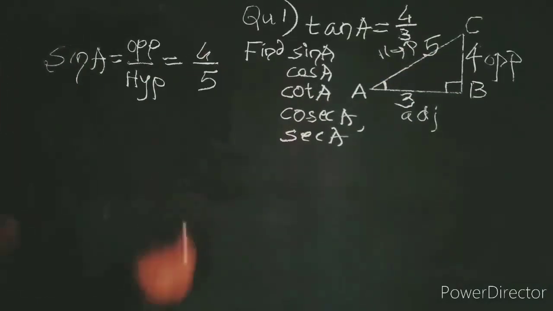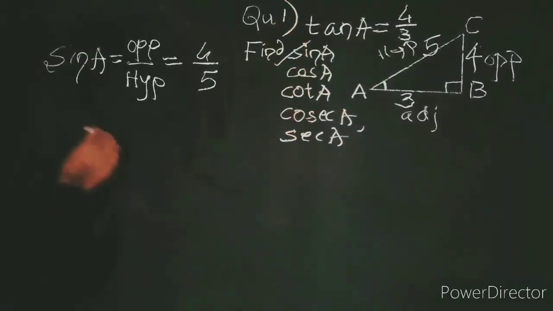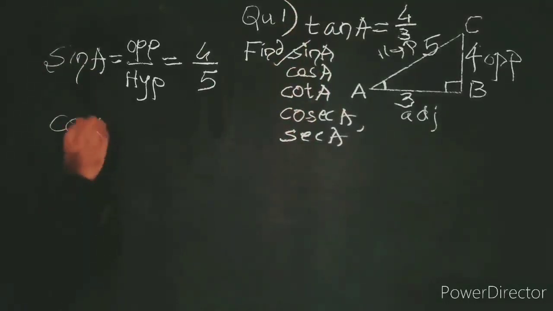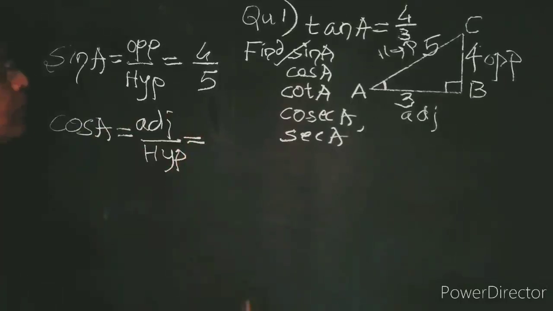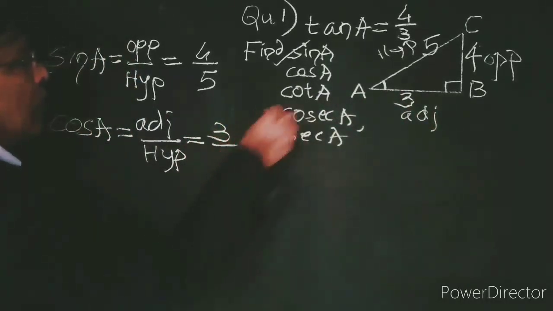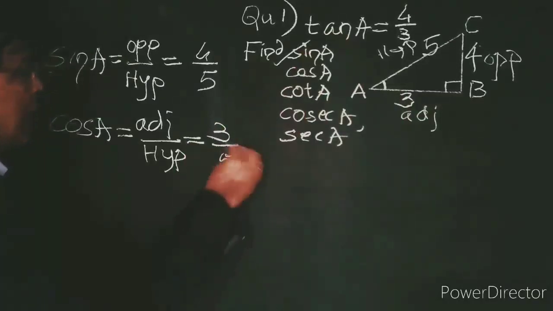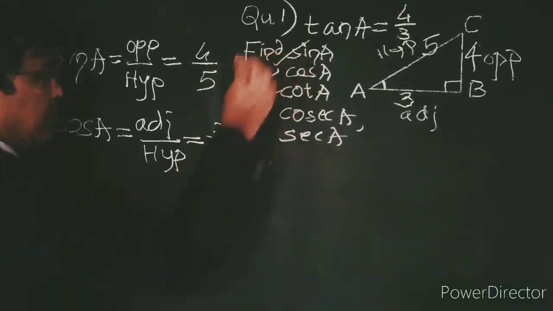Therefore this is the ratio of sine A. Now let us see cos A. We know cos A is nothing but adjacent side divided by hypotenuse. The adjacent side is 3, the hypotenuse is 5. Then cot A.